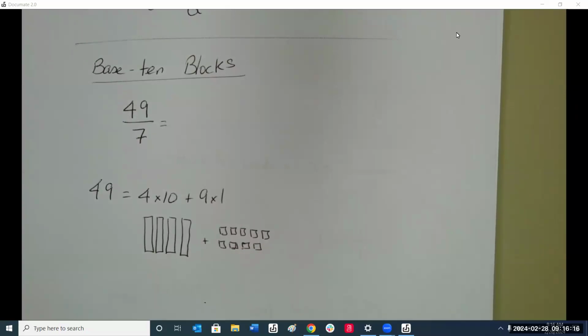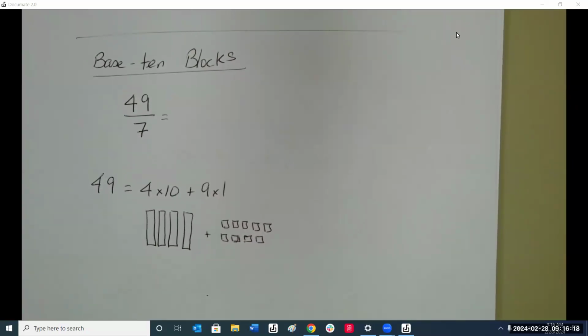And there's the 9 ones. We can use either the subtraction method or the set partition method.